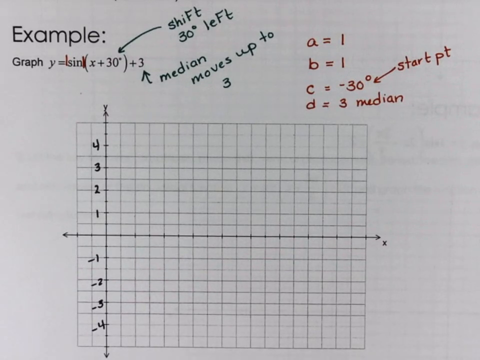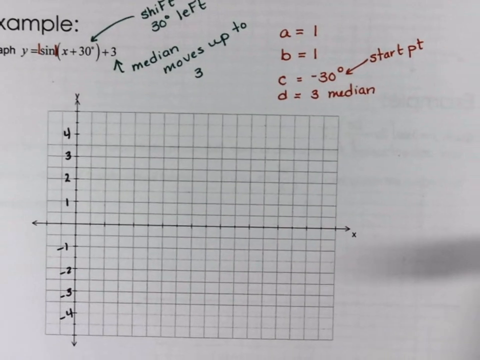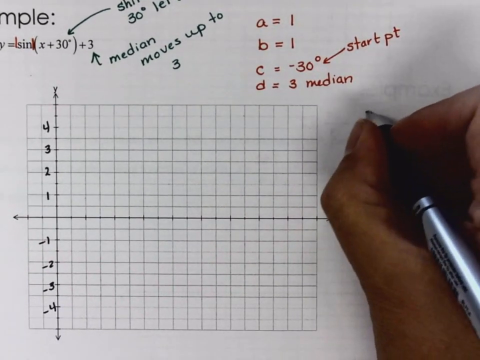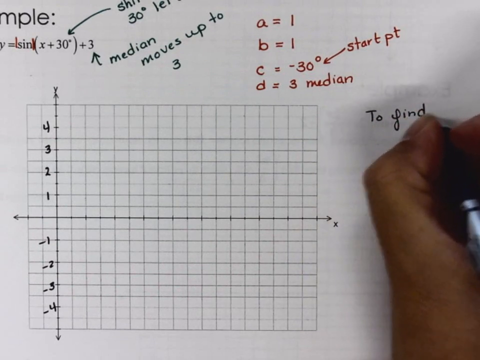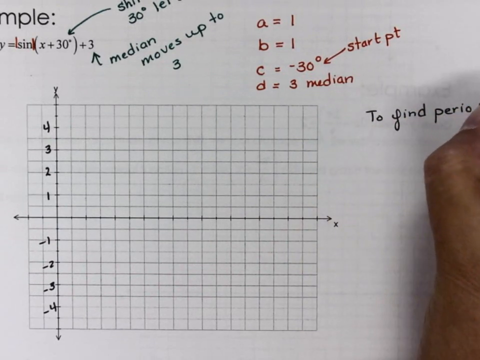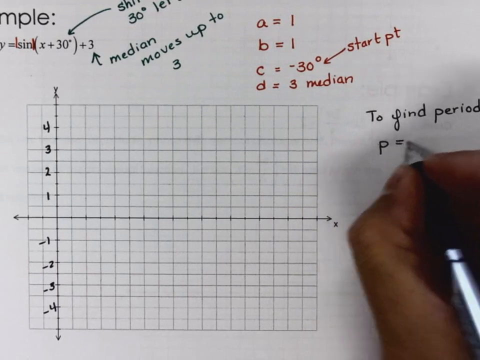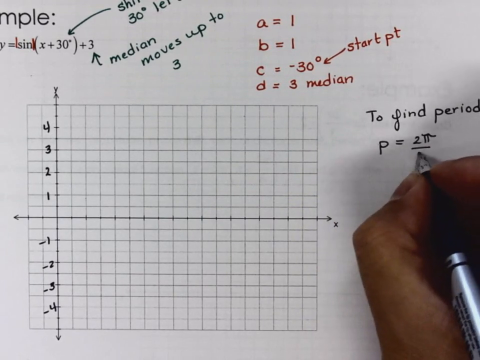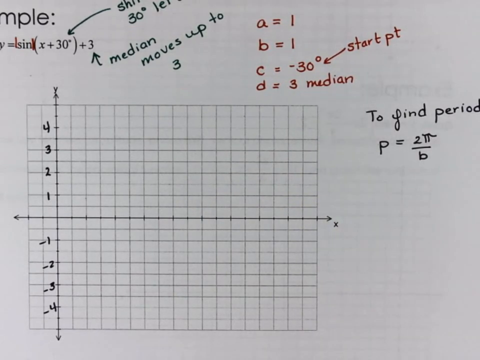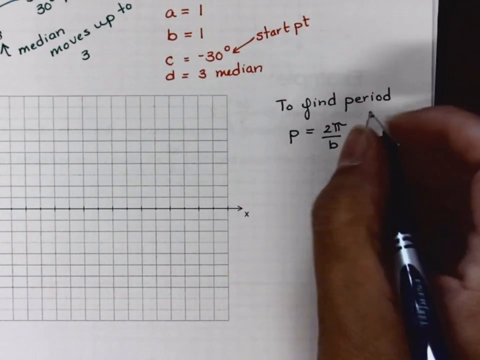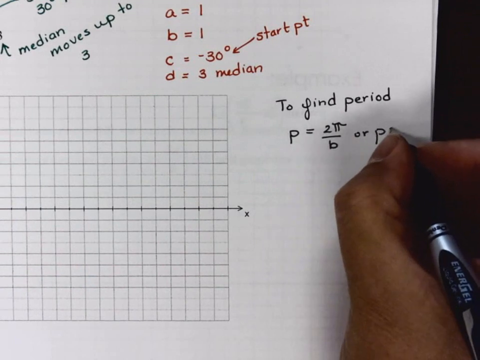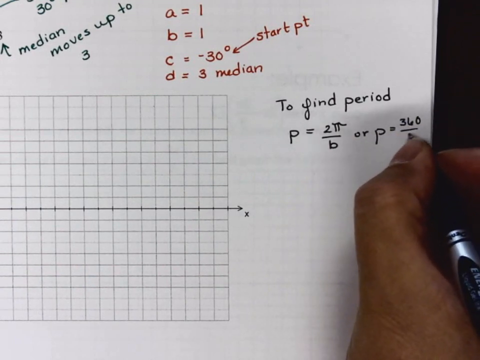I'm going to do some math first before I put my X increments on, and it has to do with the period. So to find the period, period is equal to 2 pi over b. Now in this case, are we in radians? No. So we're not going to use 2 pi, we're going to use 360 over b.